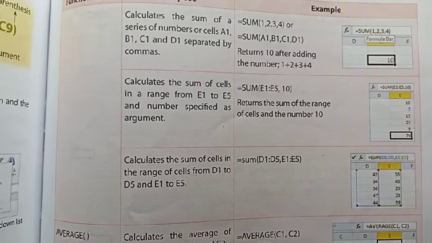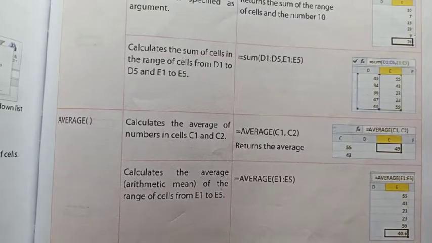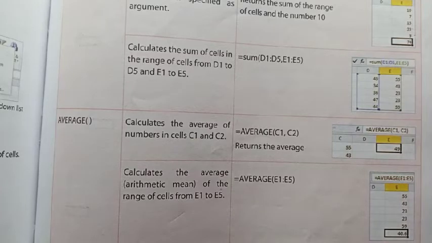Now we move ahead with another function, that is the AVERAGE function. This AVERAGE function is going to calculate the average of the given numbers. This can be given in the form of numbers, cell addresses, or ranges. Let us see the example.